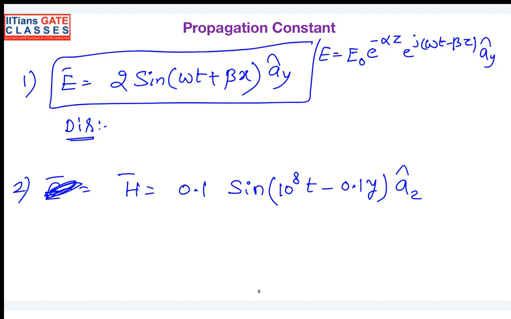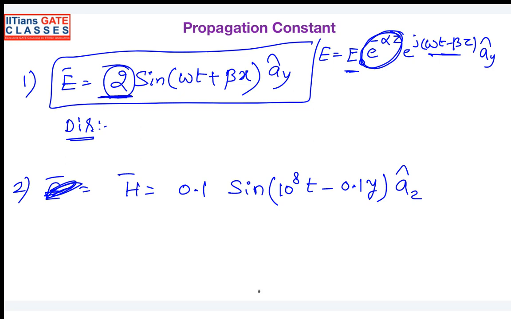Of course, you don't have any amplitude term here to verify the propagation direction, because whatever constant is given is simply a number, not a function of distance. So you just have a look at the phase. Whenever there is a negative sign in the phase term, the wave is propagating in positive z.